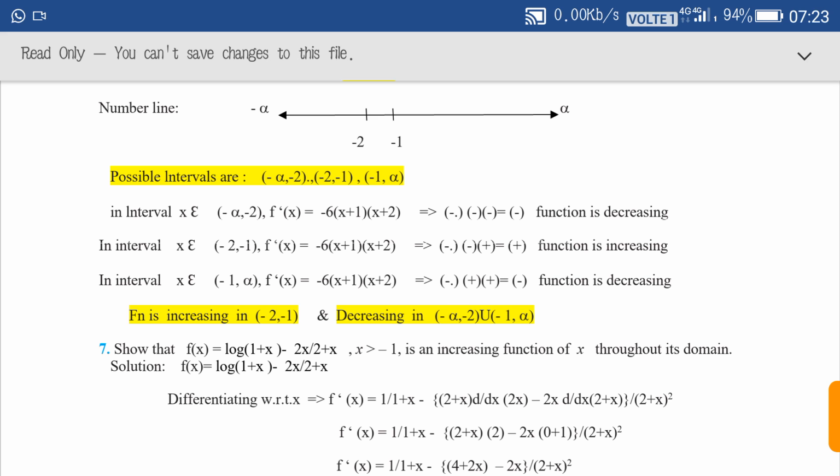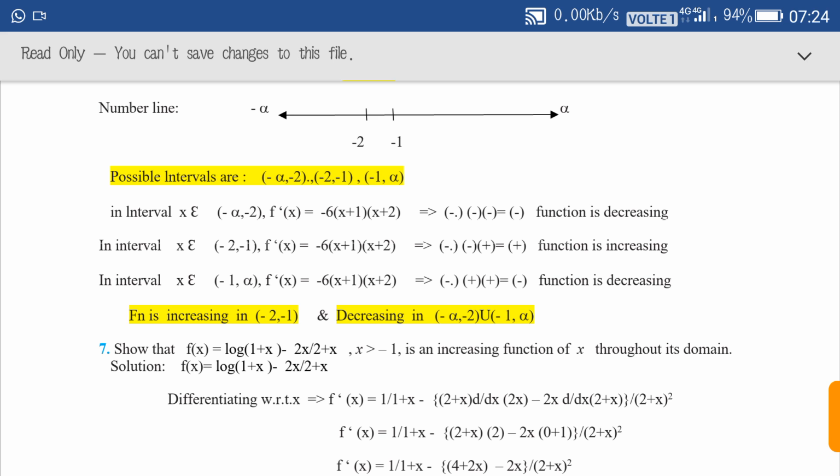Again we have the third interval, that is minus 1 to infinity. If x belongs to minus 1 to infinity, we have to check f dash x, that is minus 6 (x plus 1)(x plus 2). Here the values of x are more than minus 1.